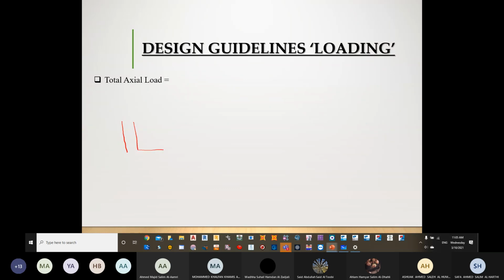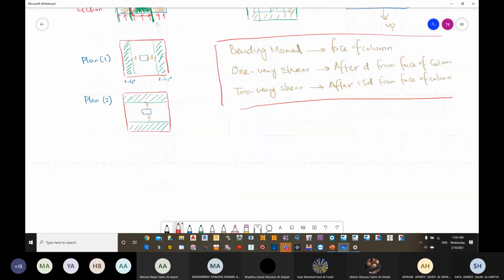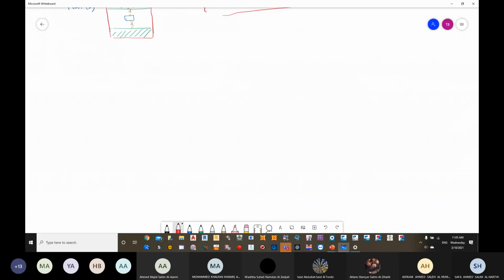You remember when we talked about the beams, we said the loads coming are from the slabs, the self-weight, and maybe the wall, if there is any wall. Now, what about the loading coming on a foundation? Three, 4, 5, 6. Okay, we'll see them.